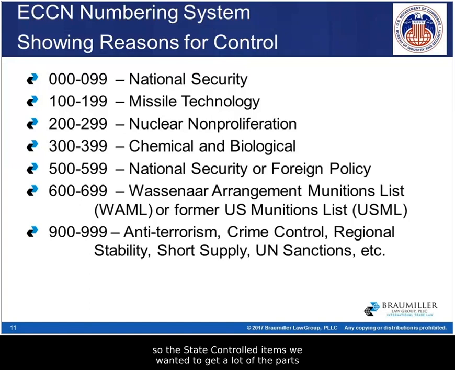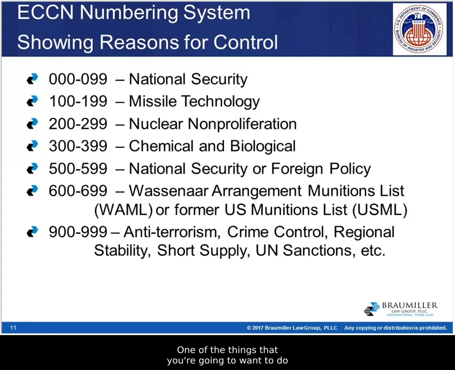We wanted to get a lot of the parts and components, the nuts and the bolts, off of that list and over to our control. So that's what these items are. These are literally nuts and bolts for ITAR-controlled items.